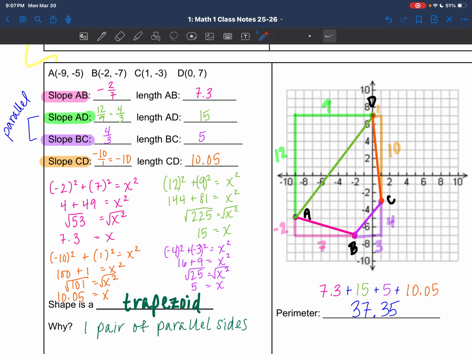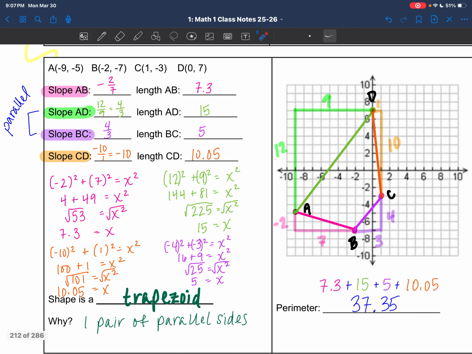Now I can go through and figure out what shape it is. Well, it's a trapezoid because I only have one set of parallel lines. So this is parallel to this. So slope AD is parallel to BC. And I know that because they have the same slope.